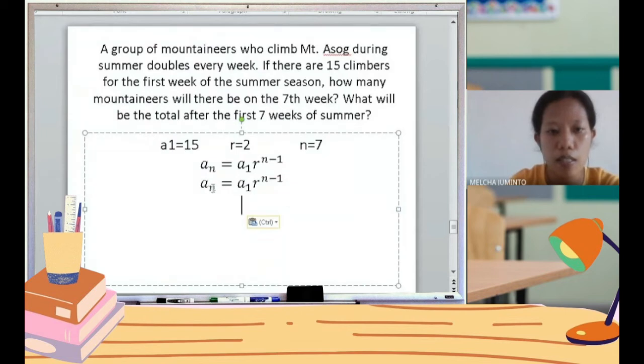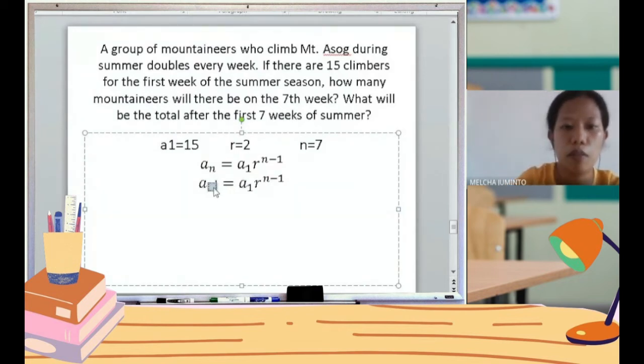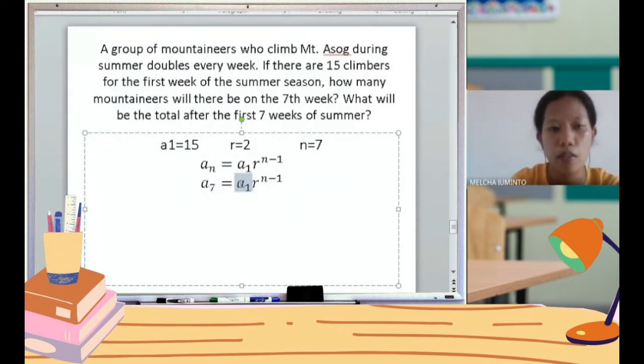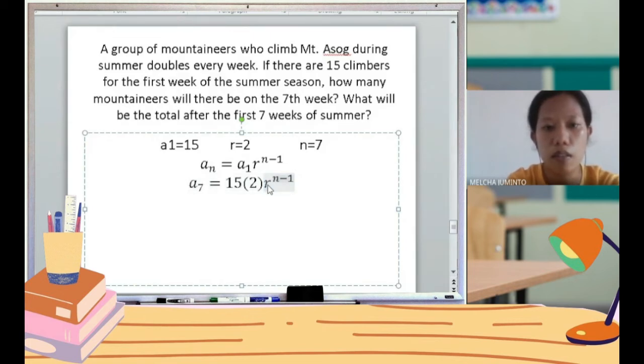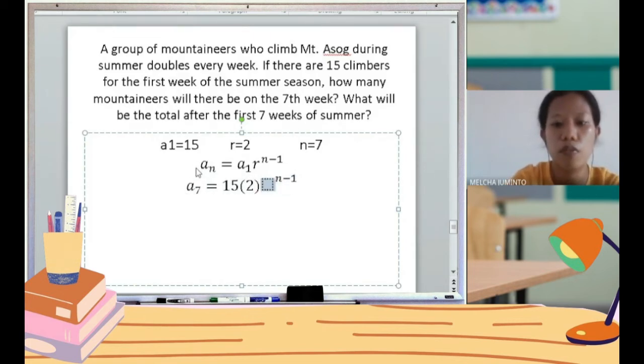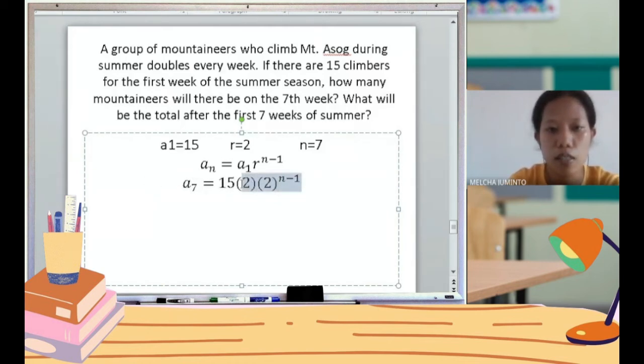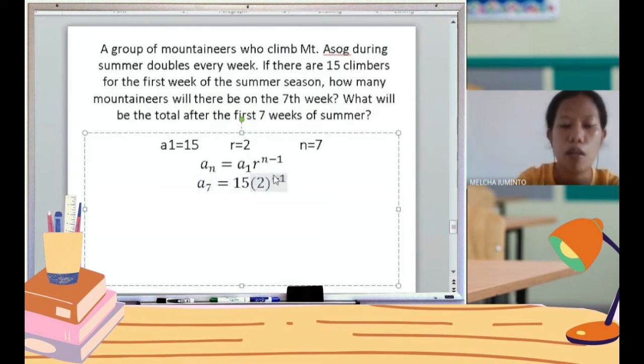We now replace those variables with the given: 15, and then common ratio is 2, and then the exponent is n minus 1, which is 7 minus 1.